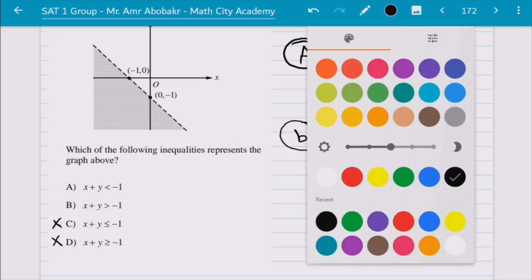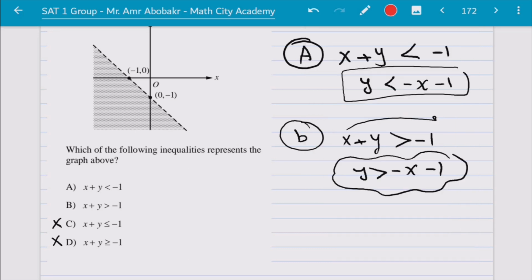Now we can choose according to the shaded or the colored area. So now he colored the area below the line, down to the line, not above the line. So it should be smaller than.